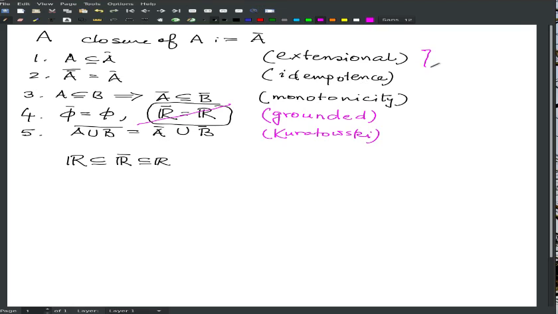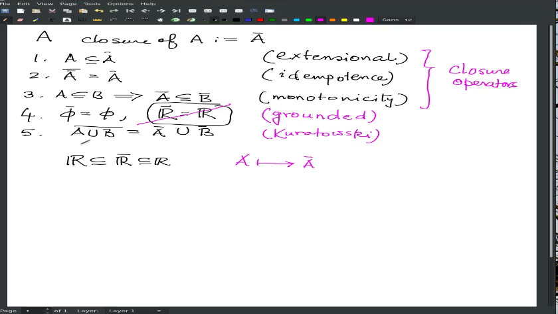If we have any such assignment, A going to A bar, so this is a special kind of relation. Such things are always called closure operators. And a grounded closure operator means it satisfies 1, 2, 3 plus the smallest one is preserved.